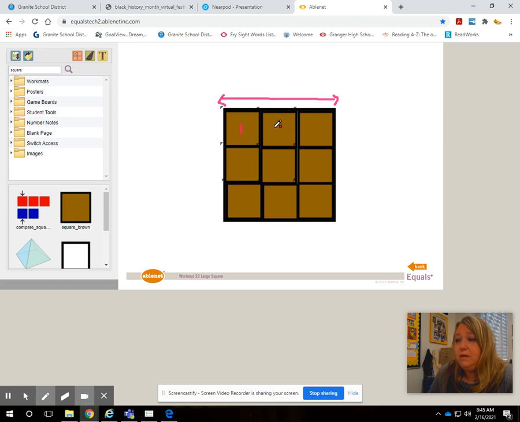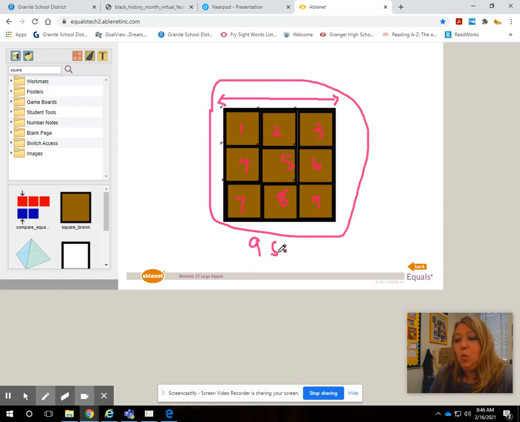So 1, 2, 3, 4, 5, 6, 7, 8, 9. If each of these squares was 1 foot, it's called a square foot. So this bigger square, this big square, would be 9 square feet, which is indicated like this, sq. ft., square foot, 9 square feet for this area, okay?